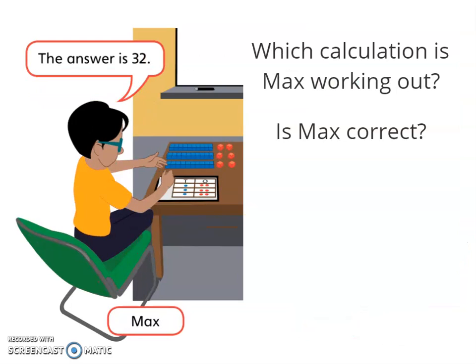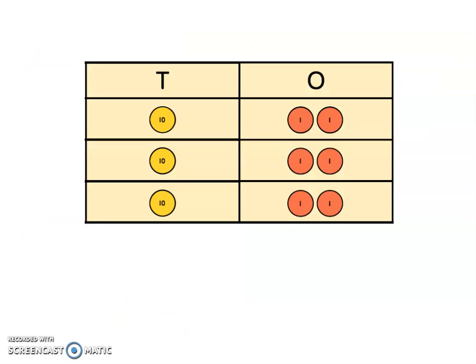So let's start by looking at question 1a, which calculation is Max working out? And the second part of that question is he correct? Now, I've recreated Max's place value grid and placed in my place value counters to show the calculation that he's looking at. So we can see on here that I have one lot of 10 and 2 to make 12, a second lot of 10 and 2 which makes another 12, and a third lot of 10 and 2 to make 12.